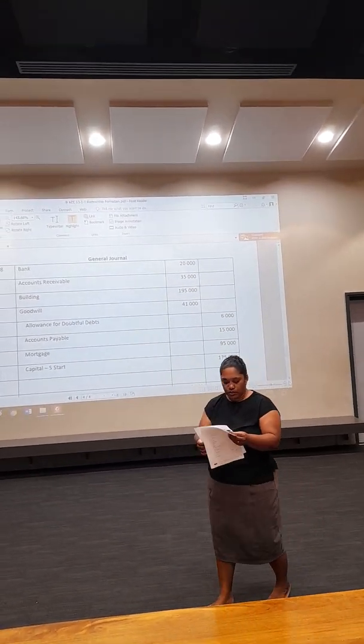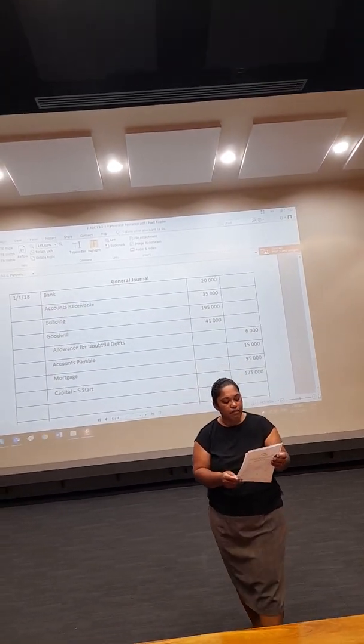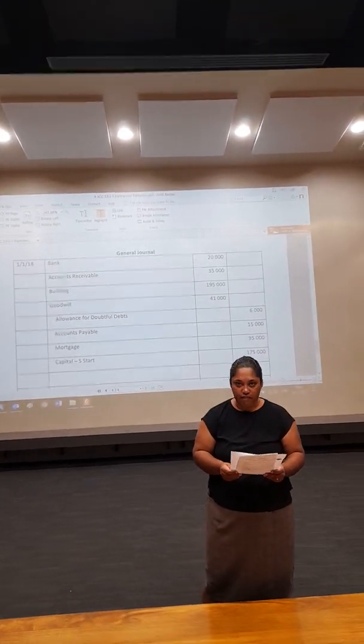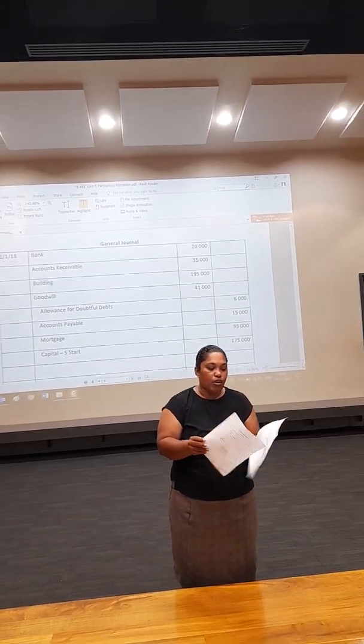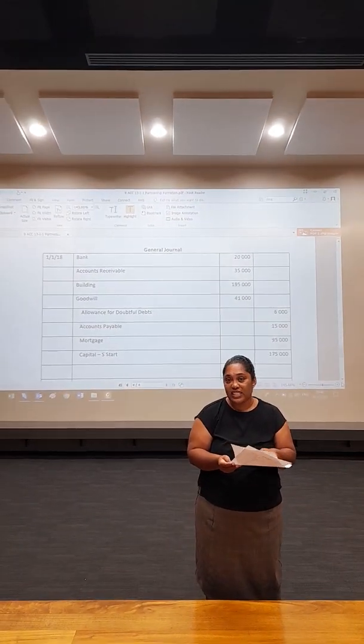His capital comes in and it says, number 3, the agreed value of Start's business is 175,000, even though in the original balance sheet it was 120.